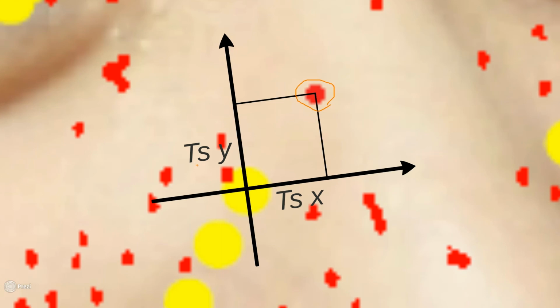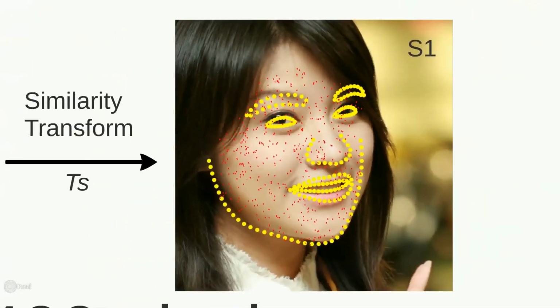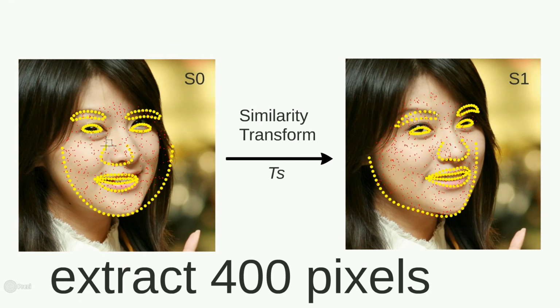Now the similarity transform TS is applied to x and y, multiplied into it. And with respect to the same landmark in shape 1, now we find the location of this pixel. So we would apply this to all the pixels here, and we get the 400 pixels and their locations.